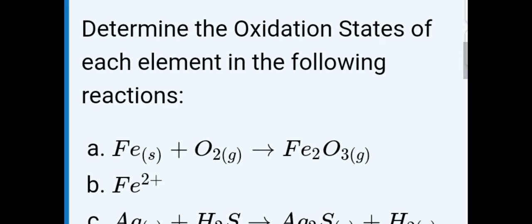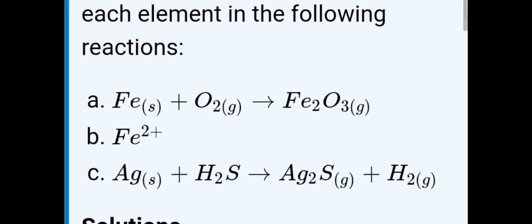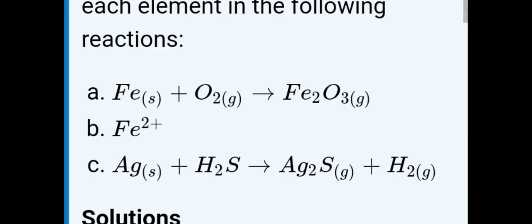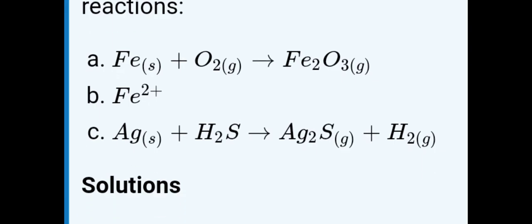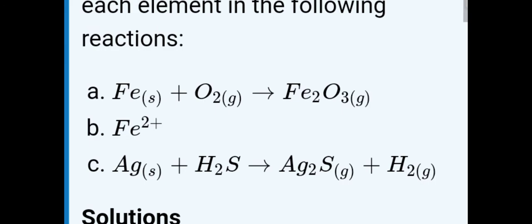Determine the oxidation state of each element in the following reactions. Number 1. Fe plus O2. Fe has no charge, 0 charge. And O2 also has no charge because a molecule has no charge.